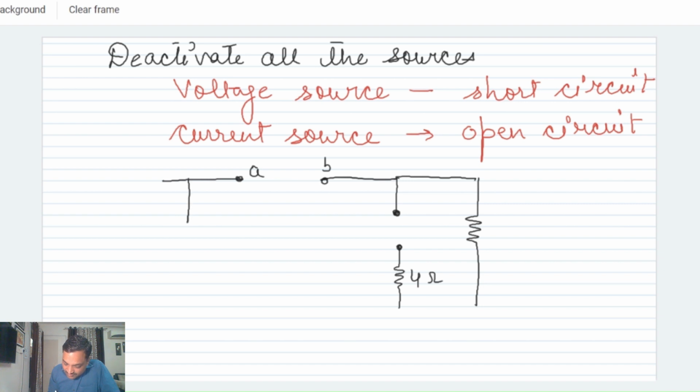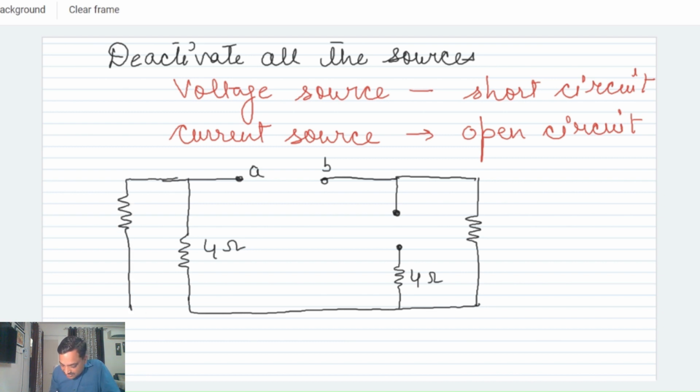There is a 32 volt battery, so we short circuit the battery, and then there is a 4 ohm resistor connected to this network. In the fourth branch there is a 12 ohm resistor. So this is the network which remains after deactivating the sources.